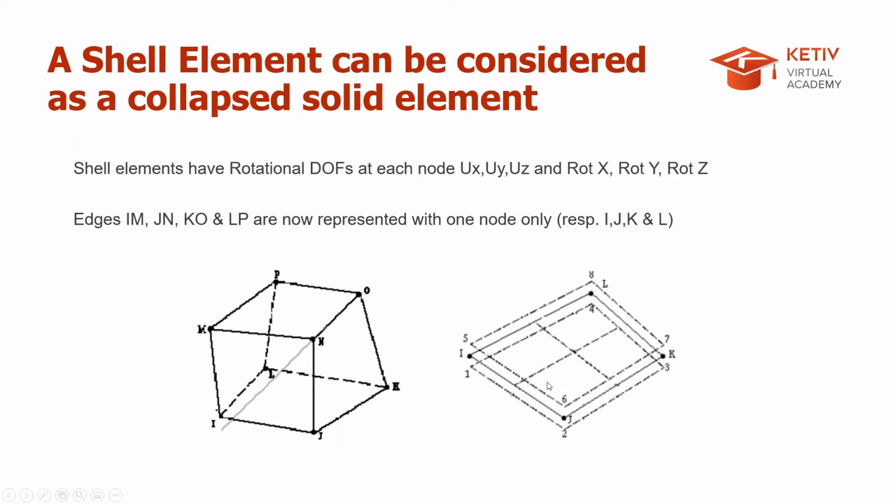And now, in addition to translational movement, you can also have rotation for all of your nodes. So you get more degrees of freedom with a two-dimensional body in 3D space. And because of this difference in degrees of freedom, we have to do some different things relative to using it within our model.